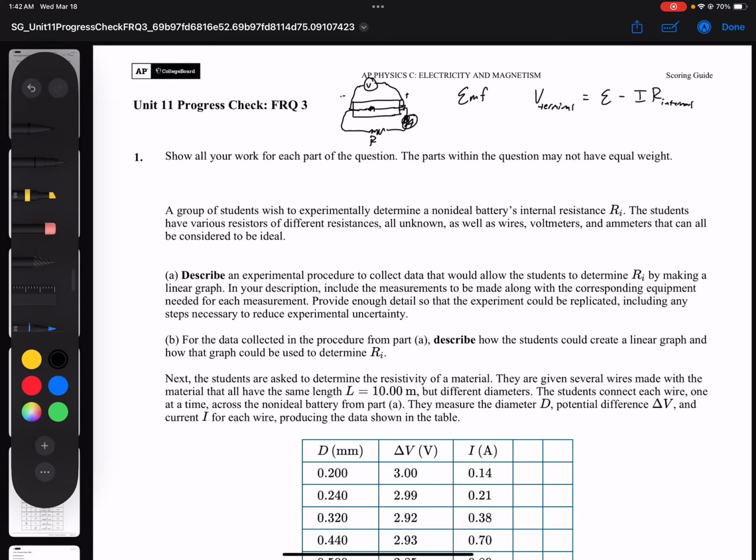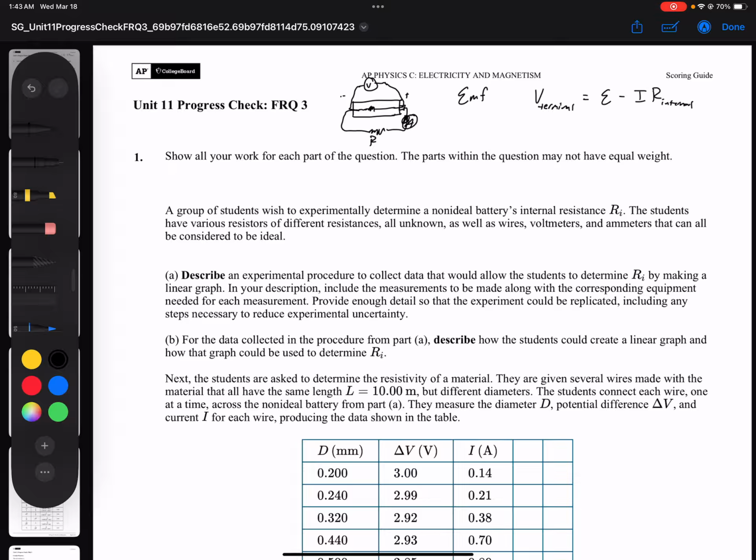So what you want to do is, if you record the current, this is how you want to design the experiment. We're not even going to necessarily care about the potential difference. We're here to determine what the internal resistance of the battery is. So we know the current going through the battery, the EMF of the battery, and the terminal voltage of the battery with the voltmeter.